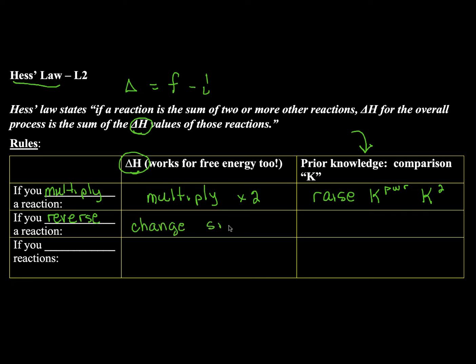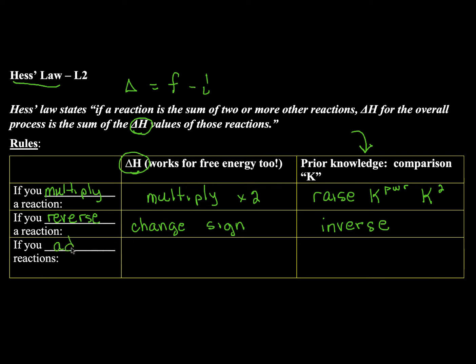In other words, if a reaction was endothermic in the forward direction, if you flip the reaction around, it should be exothermic. And that's what changing the sign does. Now, if you reverse a reaction for equilibrium, we take the inverse of our equilibrium constant.